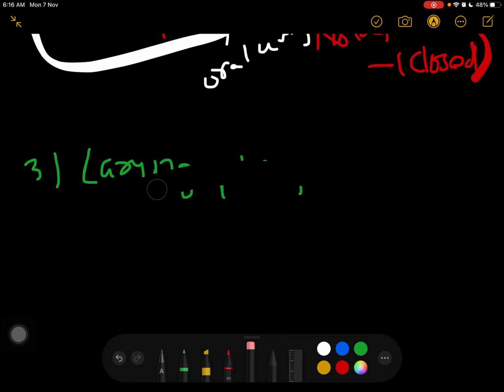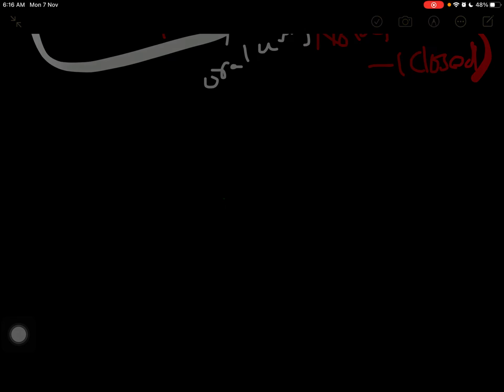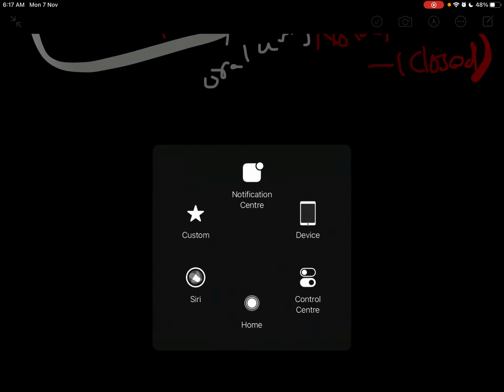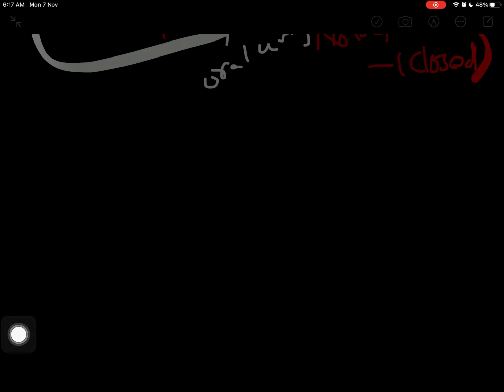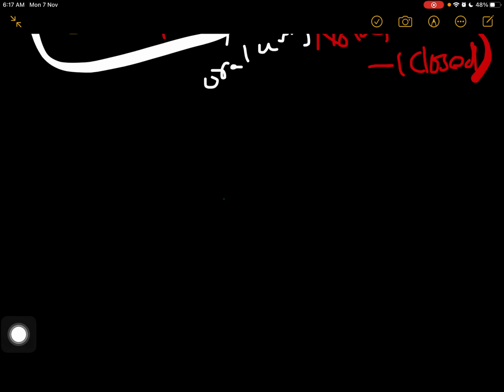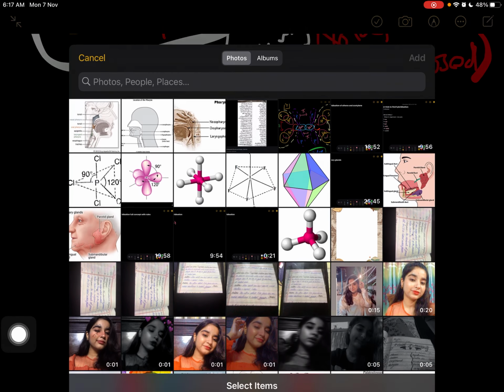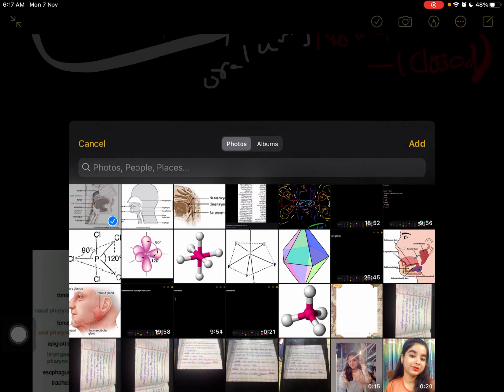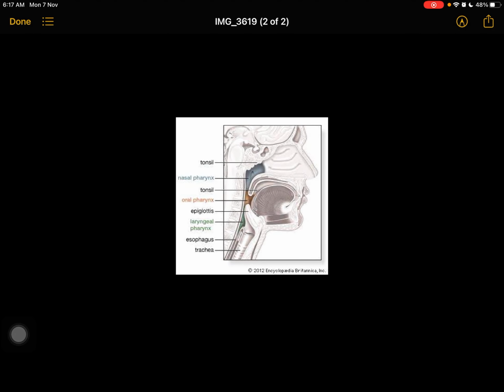Let me first of all show you the diagram of oropharynx. So here I'm having this, you can easily see.